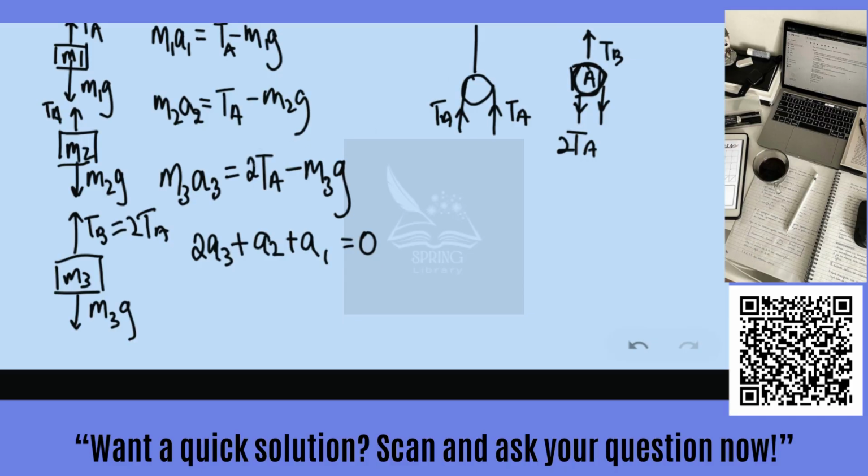So we substitute from here, we can find what is a1. Right, from here we can find what is a2. In this equation, we're going to substitute a3 into here in terms of a2 and a1.